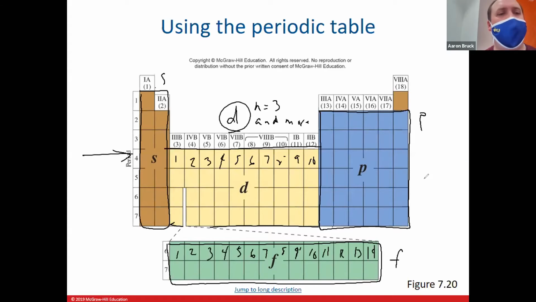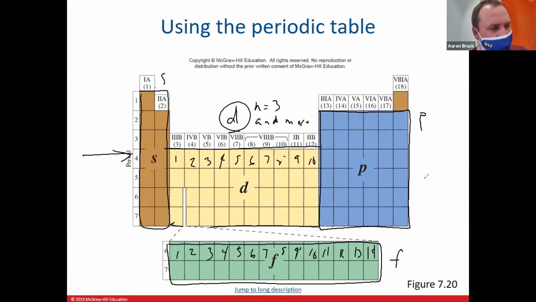And more. So n equals 3, n equals 4, n equals 5, n equals 6, and so on. Well, what we find is that the Ds are actually just a little bit higher in energy than the S orbitals of the next energy level.